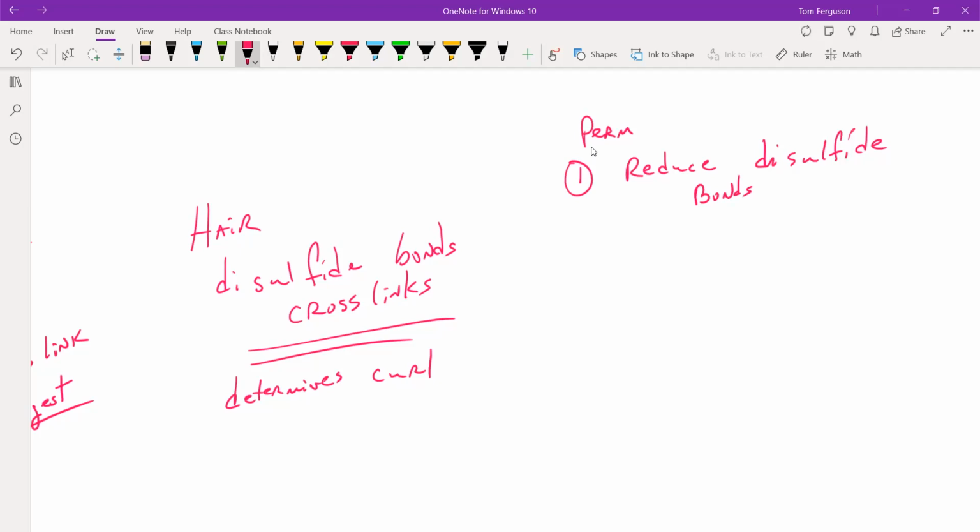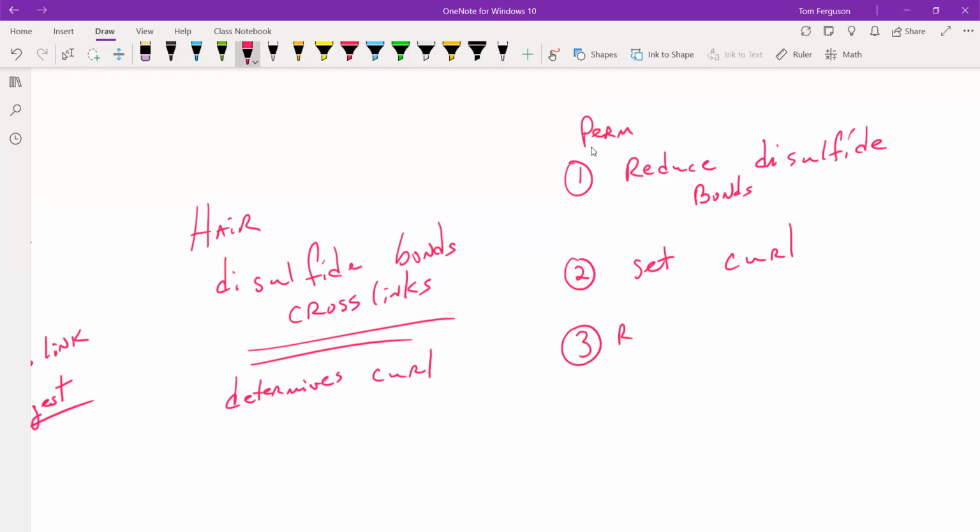Now your hair is going to go limp because there are no crosslinks that define the curl. And what you do now is you're going to set your curl. That means you're going to make it curlier or straighter, but whatever.